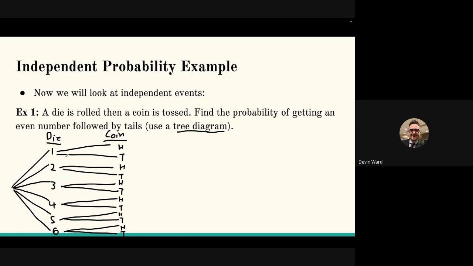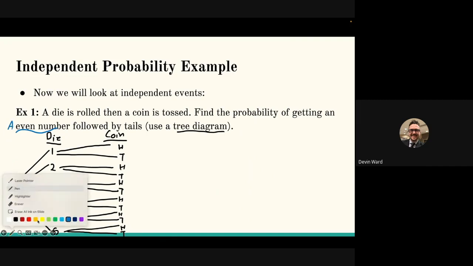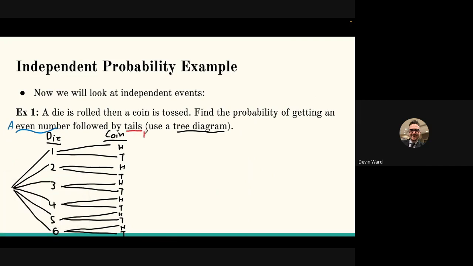So we want to find the probability of getting an even number, so circle that in blue, followed by getting a tails. So this will be A, and then this will be B. Actually, to make it a little bit easier to know which is which, we're going to call this one E, and this one T. So let's follow along.